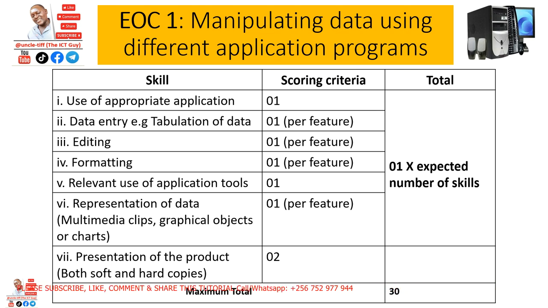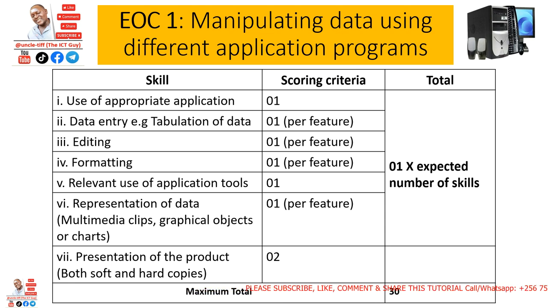And what is the examiner interested in? The examiner will look at the skills that you would have exhibited while manipulating such an item. And down here are some of the skills that the examiner is interested in seeing in your item. One, our learners are supposed to use the appropriate application.